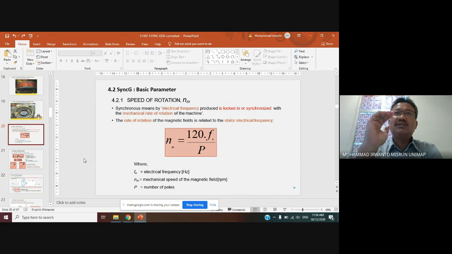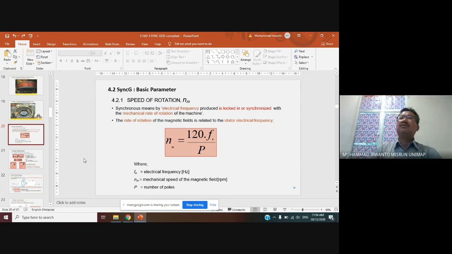So the stator winding will generate a voltage that we can call the induced voltage or internal generated voltage.